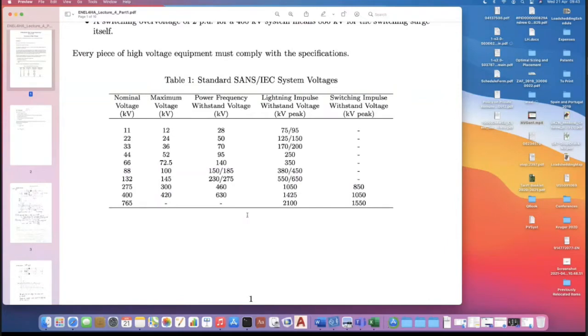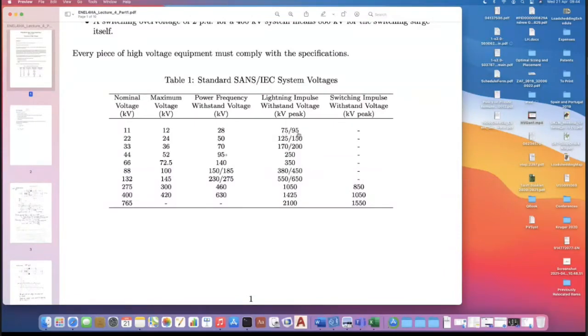Our power frequency withstand voltage is focused on the equipment that you install on the system. So 28 kilovolts phase to earth is the voltage that a piece of equipment needs to withstand. Our lightning impulse withstand voltage is 75 or 95. It depends on where you install it. So that's your lightning over voltage.